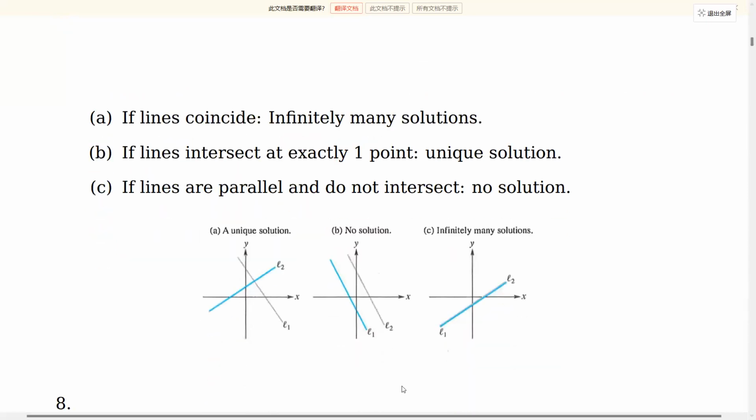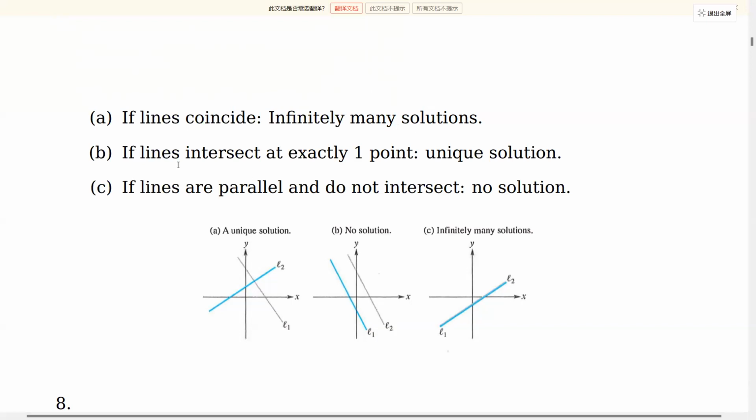Okay, so then you have three different situations. If the two lines coincide, then these two lines actually become one line. You have an intersection of those two lines at infinitely many points. So that gives you infinitely many solutions, isn't it?